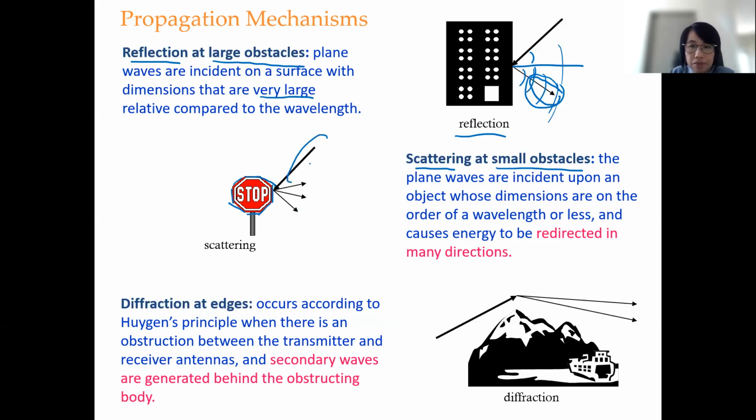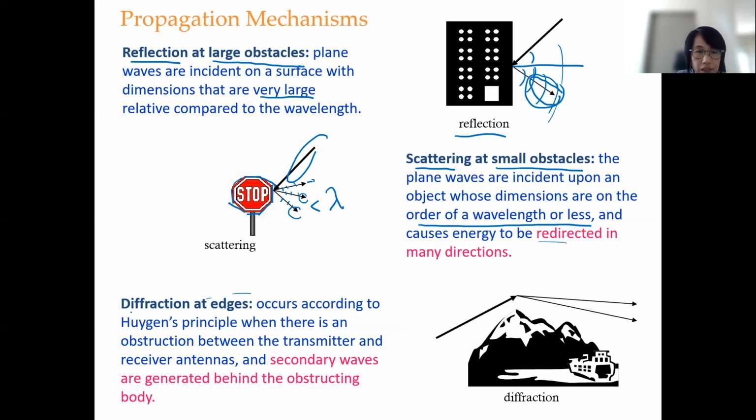If the wave is incident upon an object whose dimension is on the order of the wavelength or less, it causes energy to be redirected in many directions, generating waves in many directions. Some power goes in this direction, some goes here, some goes here. So it's a kind of scatter. But anyway, this mechanism still lets us receive some information from the transmitter.